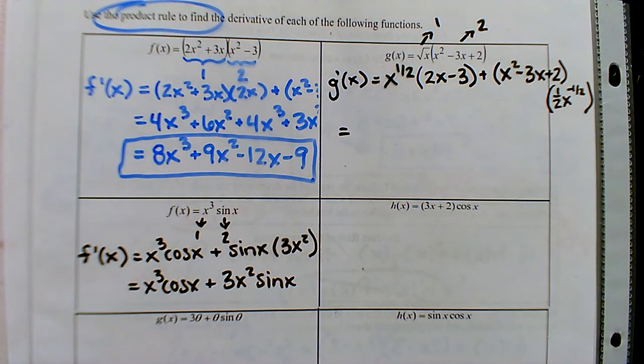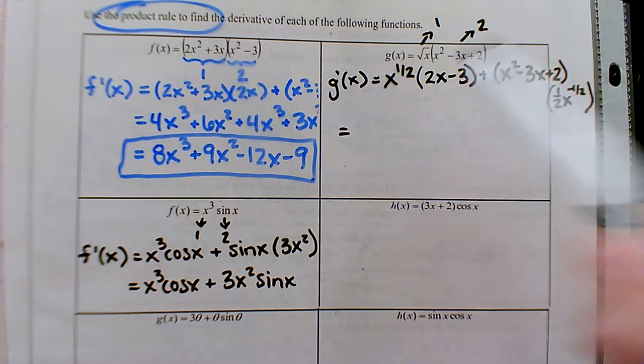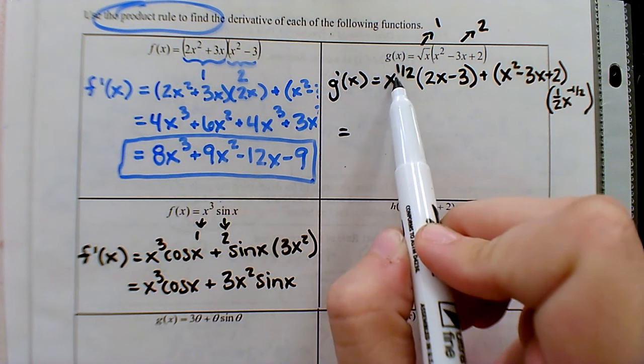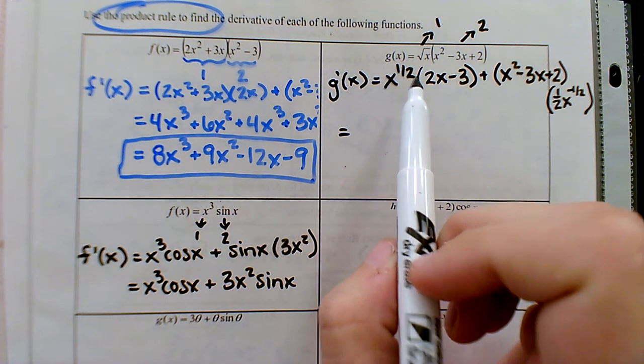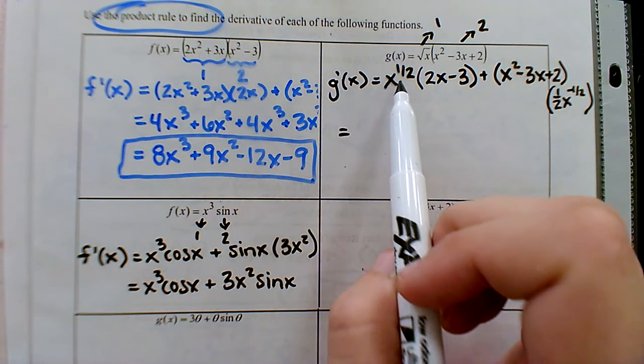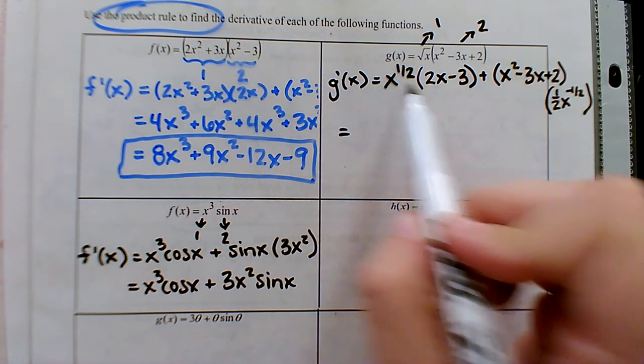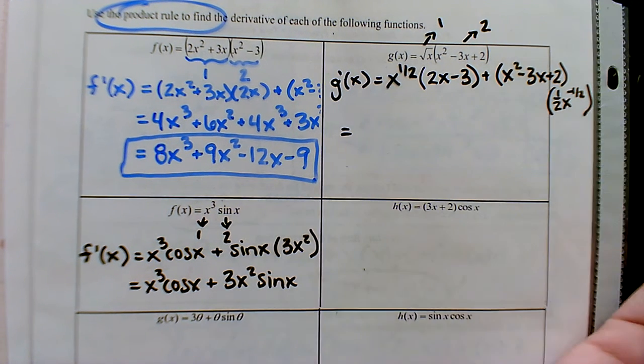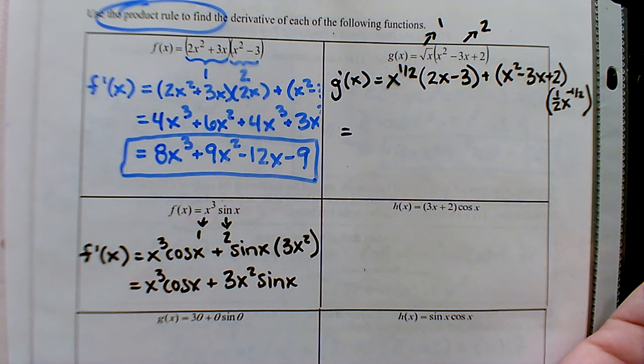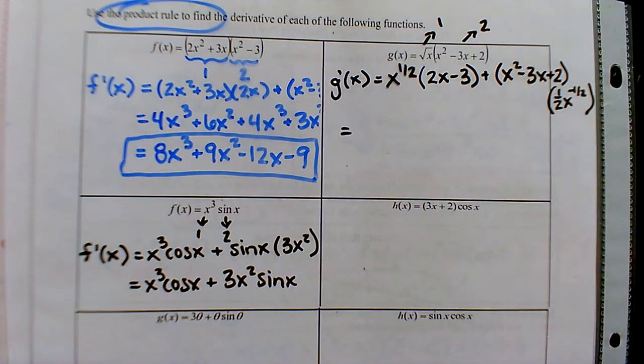We're going to practice cleaning this one up. Okay, so let's go ahead and distribute in x to the 1/2 power. What do you think we're going to get? X to the 1/2 times 2x. If you multiply the same base, what do you do to the powers? Exponent properties? You add them, okay?